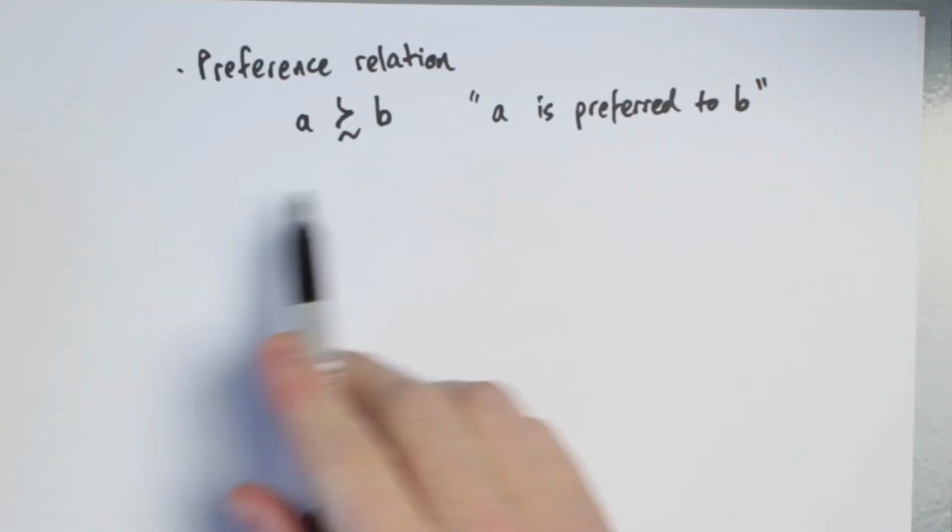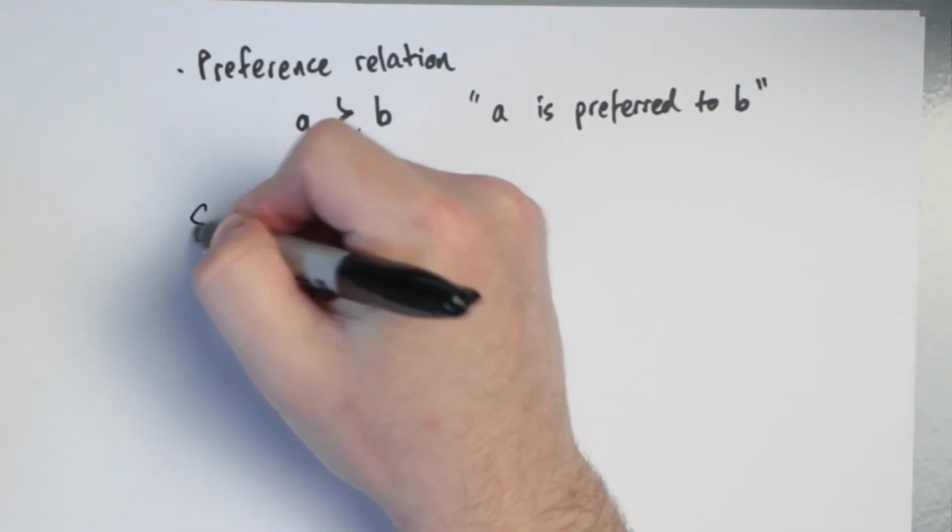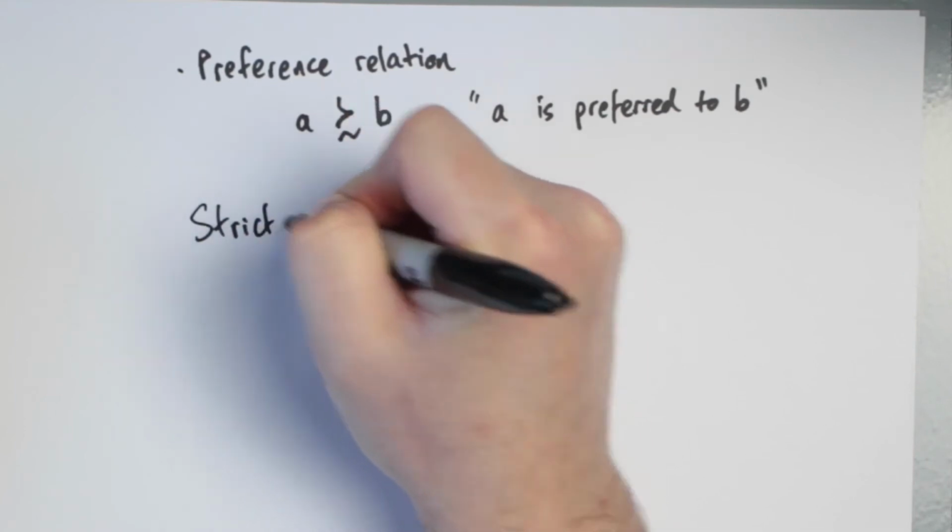Now from this we can denote what we call strict preference.